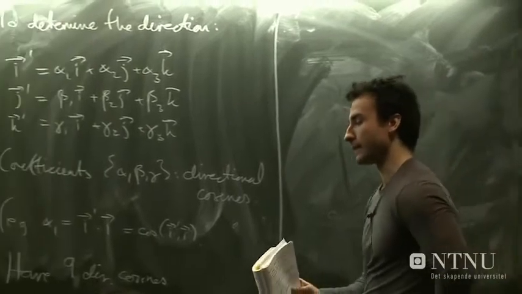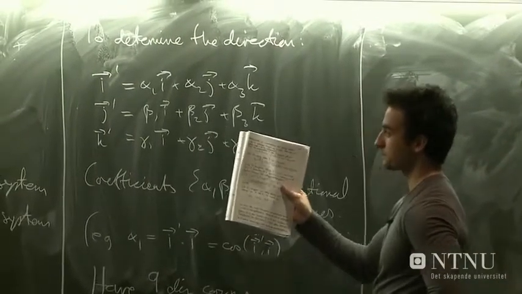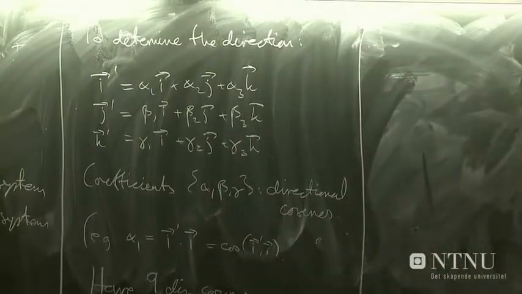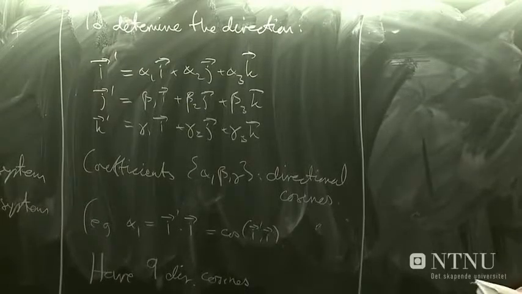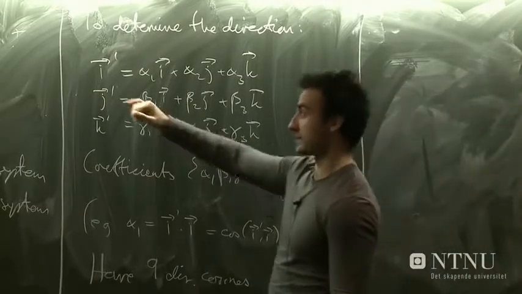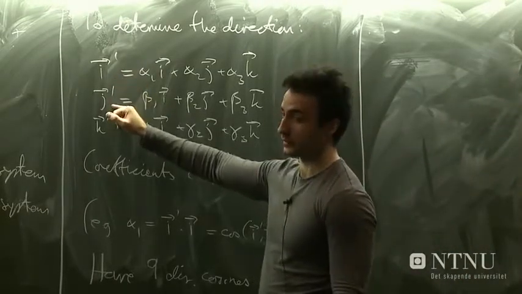That's true. So you're saying that they belong to a right-hand system, and so they should be orthogonal to each other, 90 degrees. So basically, for instance, i' dot j' should be 0.